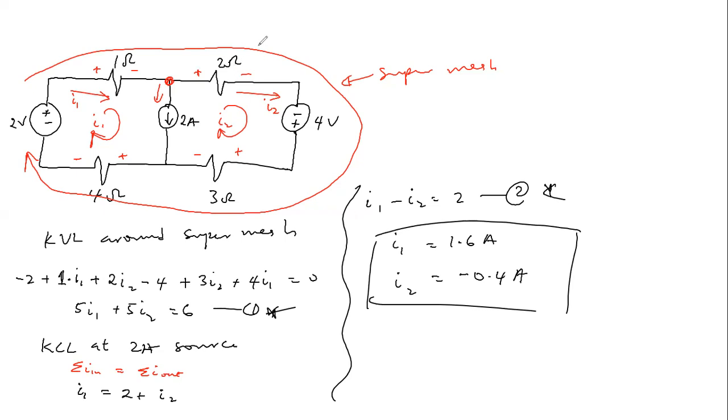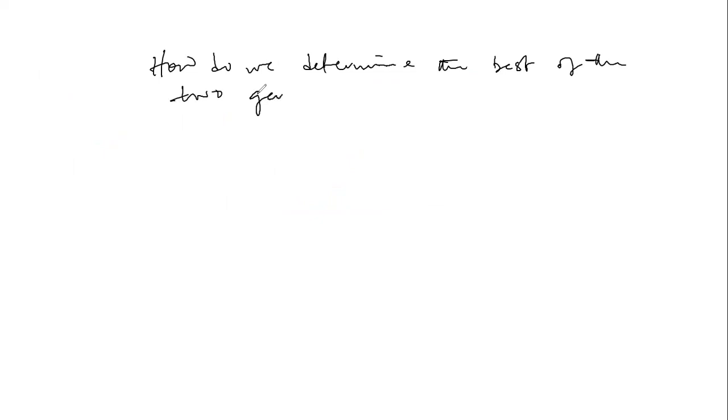So how do we determine the best of the two generalized techniques given a circuit? How do we do that?